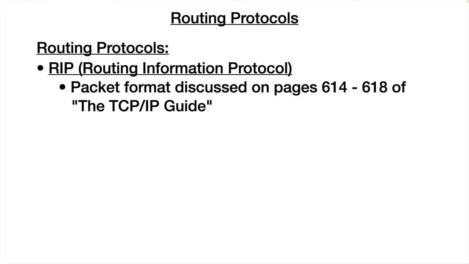Also, it's pretty difficult for us at home to come up with a packet trace capture that has any or very little routing information in it. So in the main textbook, the TCP/IP guide, pages 614 through 618 cover RIP.